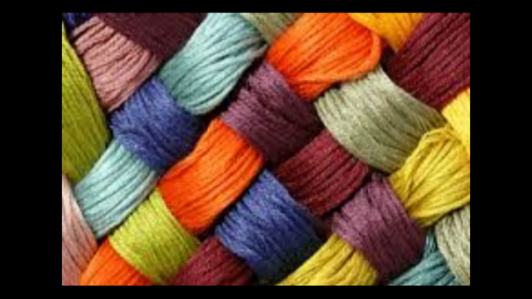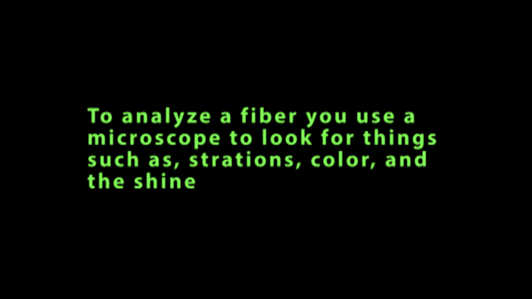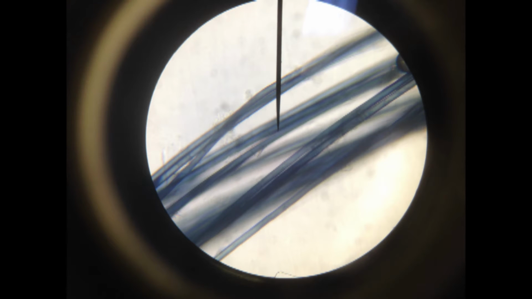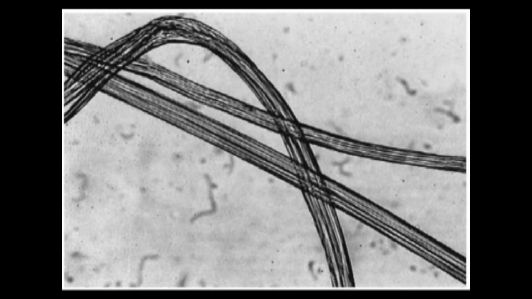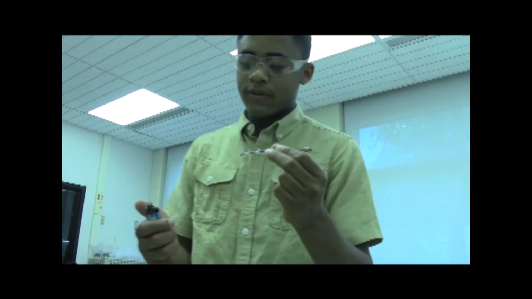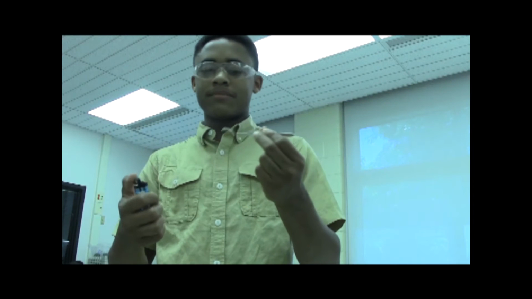A fiber is a thread of filament from which a vegetable tissue, mineral substance, or textile is formed. To determine what a fiber is made of, you need to burn it.